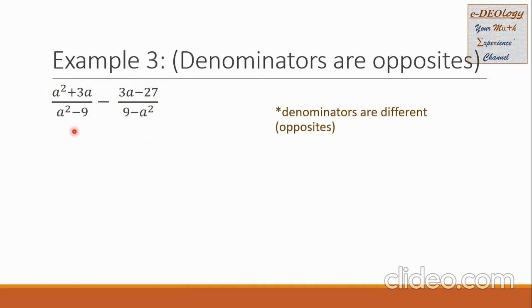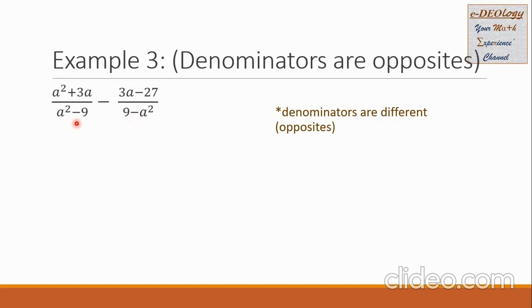We can see here that denominators are different. In fact, they are opposite of one another. Look at the a squared here. It is positive. There is an a squared on the other denominator but negative.